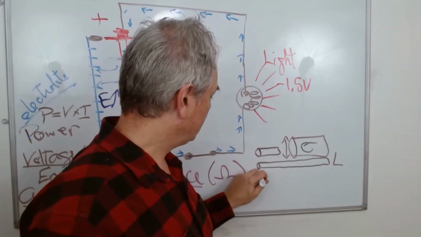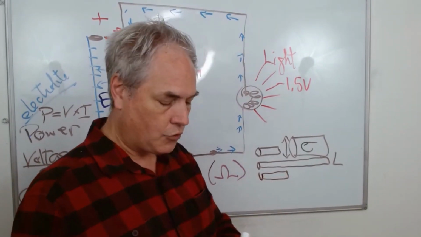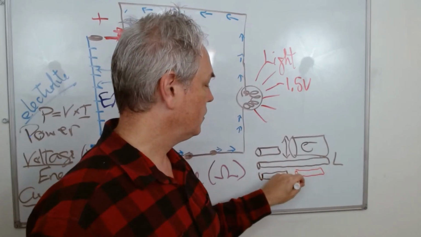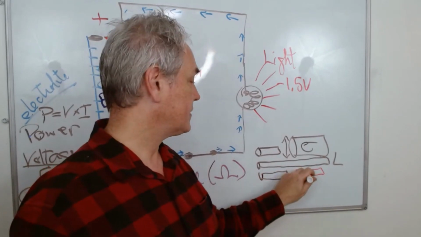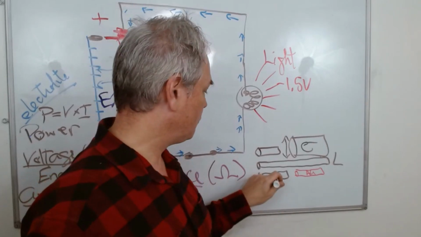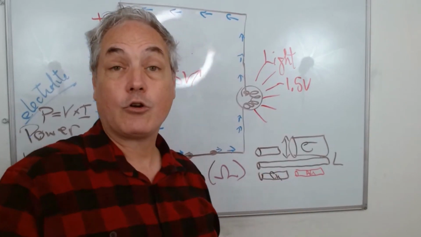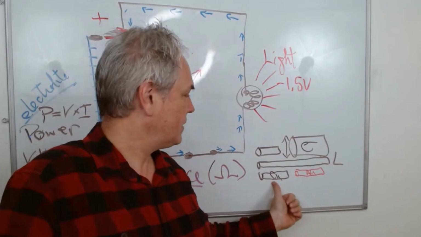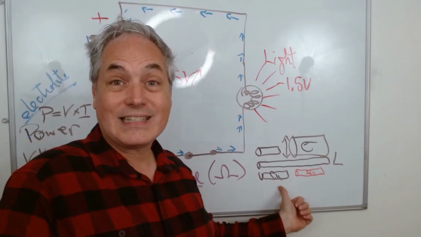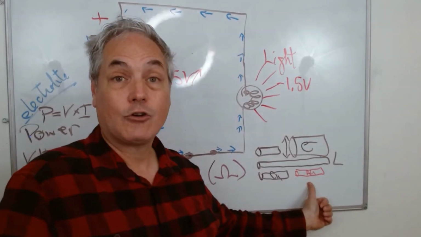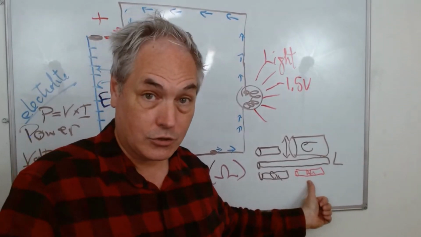Another one would be the material: a wire made of copper compared to a wire made of gold, for example. Copper is great. It's very conductive. We use copper in wires in our homes to distribute electricity. However, it is much less expensive than gold, and that's why we don't use gold in our homes, even though gold is a better conductor.